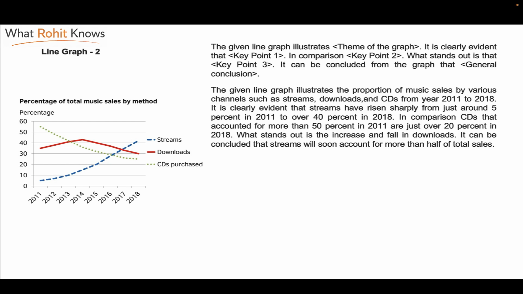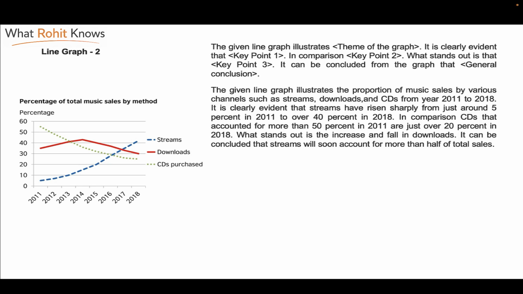Now keep in mind, there's no need to try to find out the exact number. For example, in 2018, it's clear that it is above the line for 40. So whether you say 40, 41, 42, it's all the same. So it's better to say over 40, or approximately 40, around 40. If you try to find out the exact number, it will waste your time and it's not necessary.